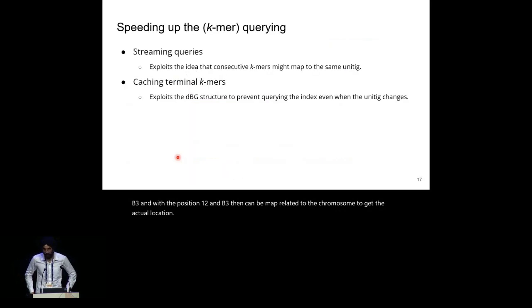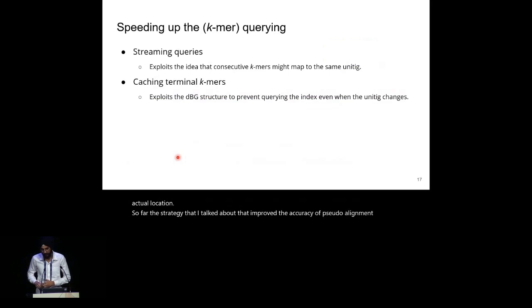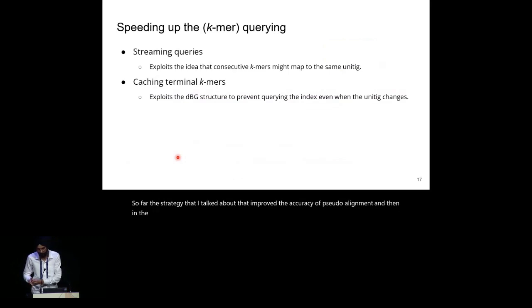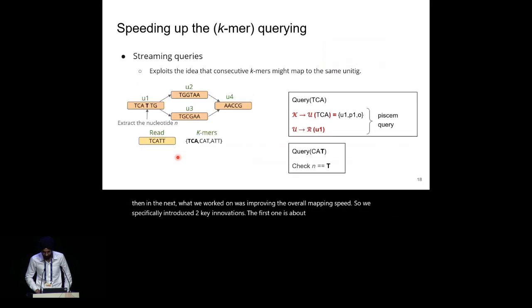So far, I talked about strategies that improved the accuracy of pseudo alignment. Next, what we worked on was improving the overall mapping speed. We specifically introduced two key innovations. The first one is about using streaming queries.